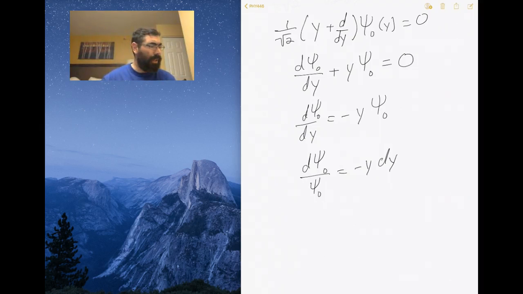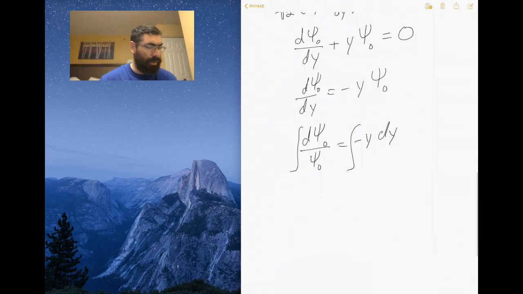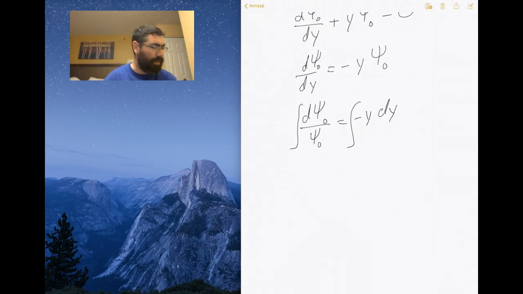Like so. If we integrate both sides, then we get the natural log of the ground state wave function, a constant of integration, which I'm going to call a sub 0, minus y squared over 2.